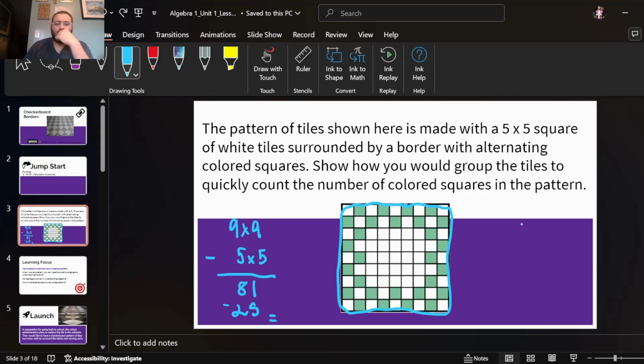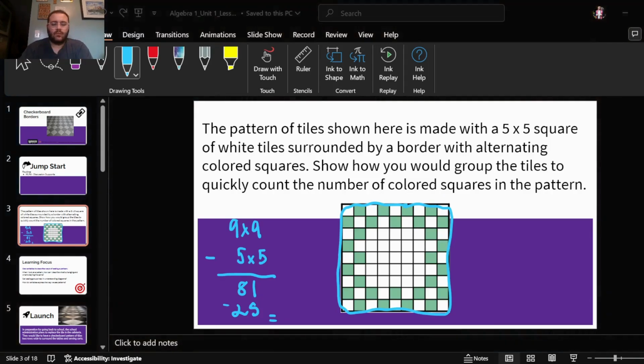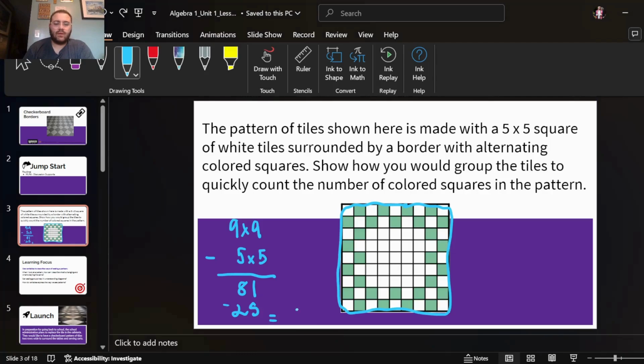Well, let me think about this problem for a second. We are going to need to eventually divide by 2. So we get 56, and then we'll need to divide that by 2, for every other square.